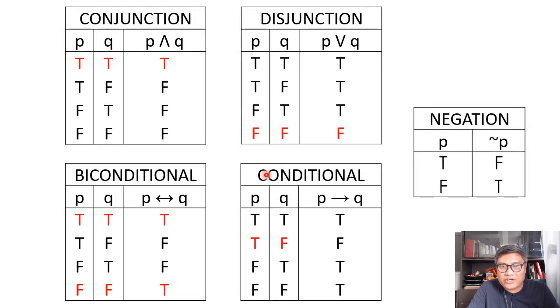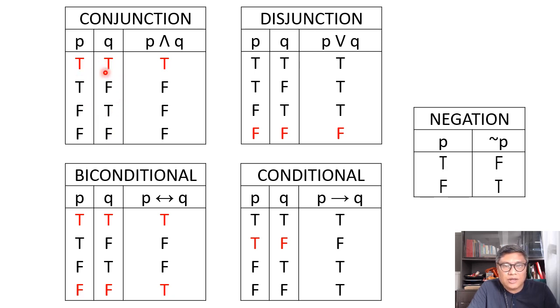Now these are the four tables that we usually use. So we have the conjunction, then we also have the disjunction, the biconditional, the conditional, and that of the negation. And based on the four combinations, class, because we only have two statements involved, we usually have four combinations of your truth values.